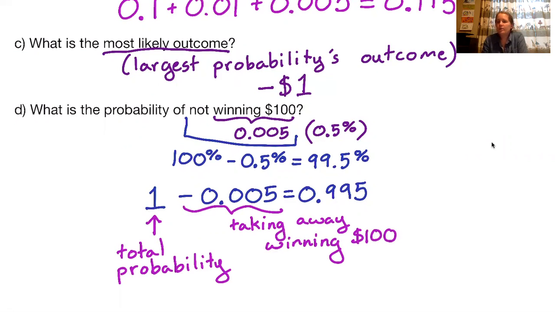So anytime you want to do not, what is the probability of something not happening? You can always do 1 minus the probability that it happens.